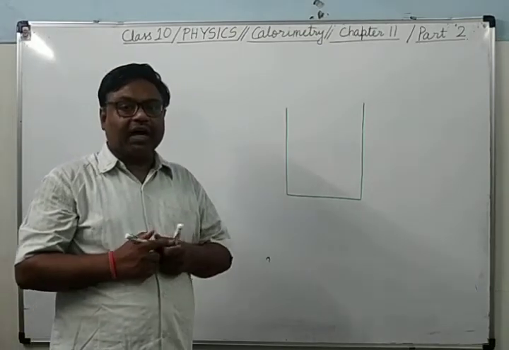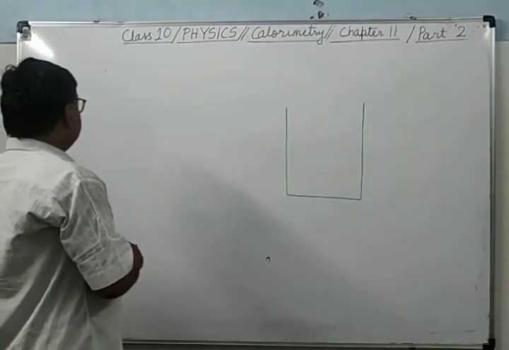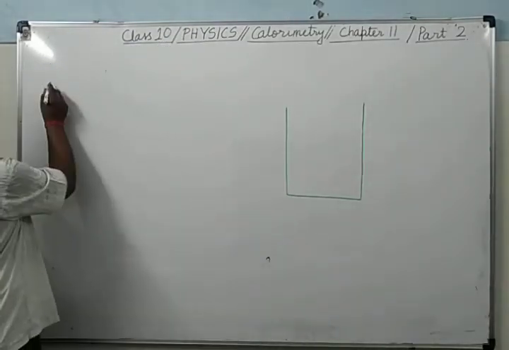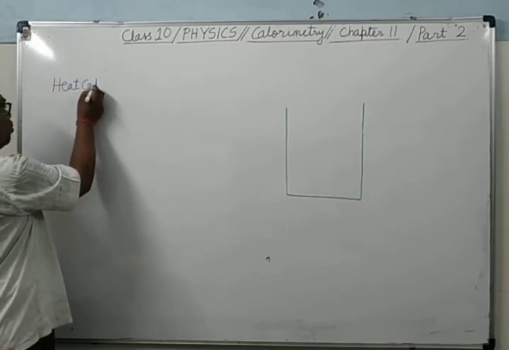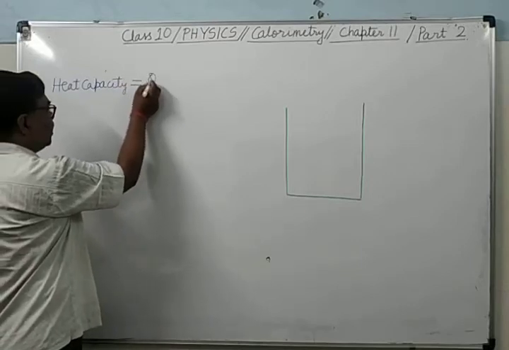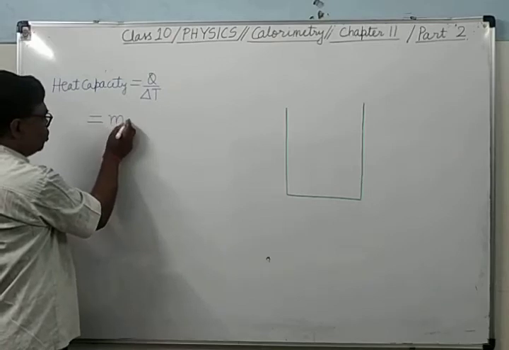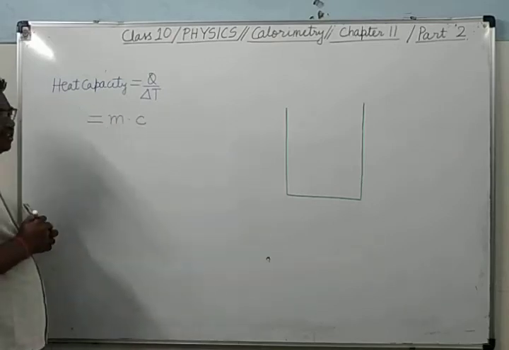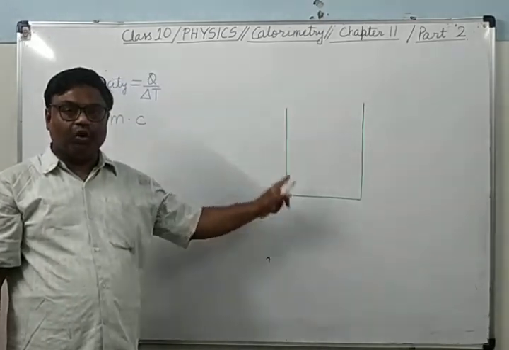And why? So that its heat capacity is reduced. Heat capacity is the amount of heat energy required to raise the temperature by 1 degree Celsius, which is numerically equal to m into c, mass into SHC. So it is made up of copper because copper is having low SHC.